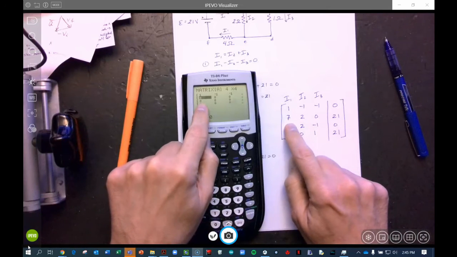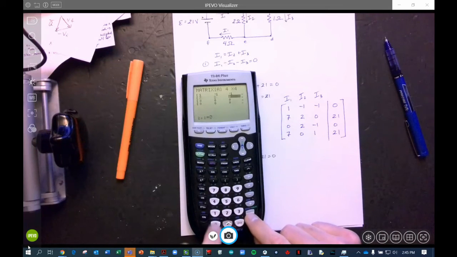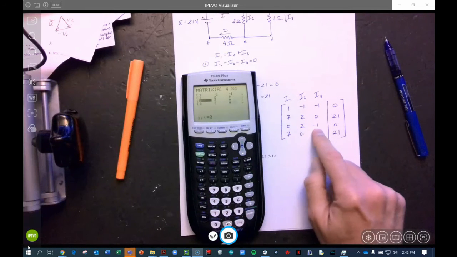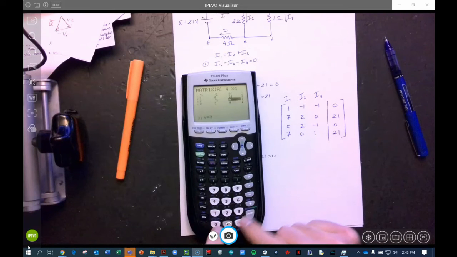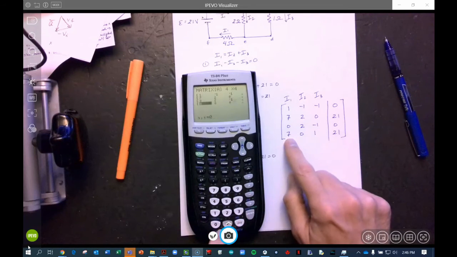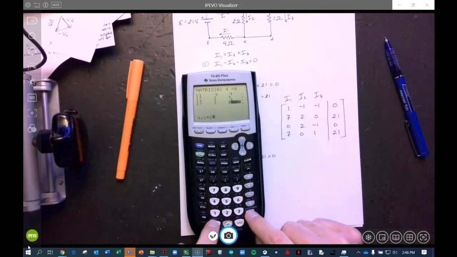The next row is 7, 2, 0, 21, then 0, 2, -1, 0, then 7, 0, 1, 21.